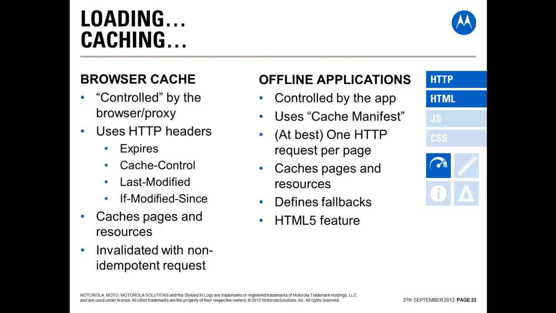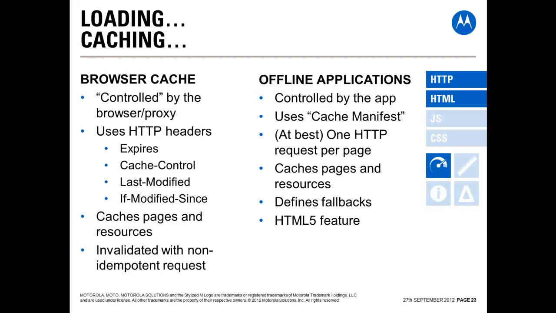So caching is a way of reducing HTTP requests. There are two main ways of doing caching. Browser cache, which has been around since early HTML and HTTP, and a new HTML5 variation of caching called offline applications. They are both very useful, and they can both be used in different situations.